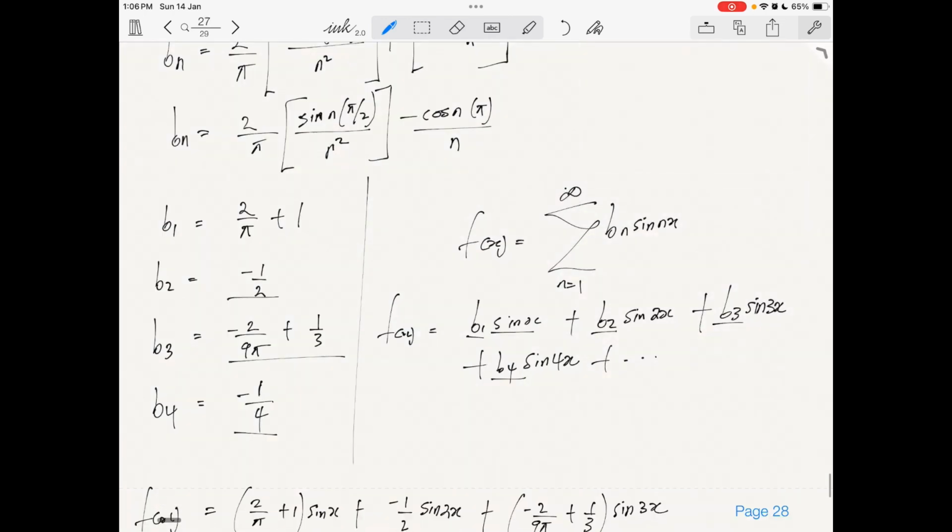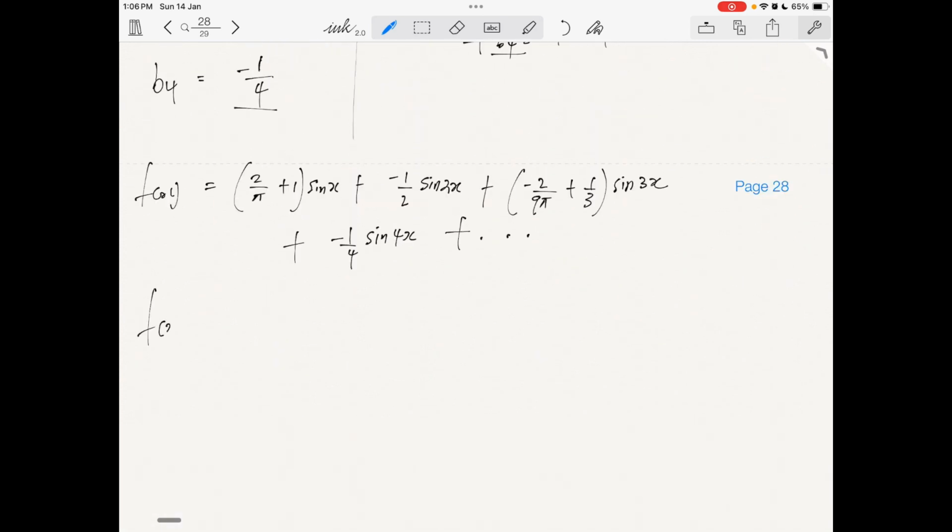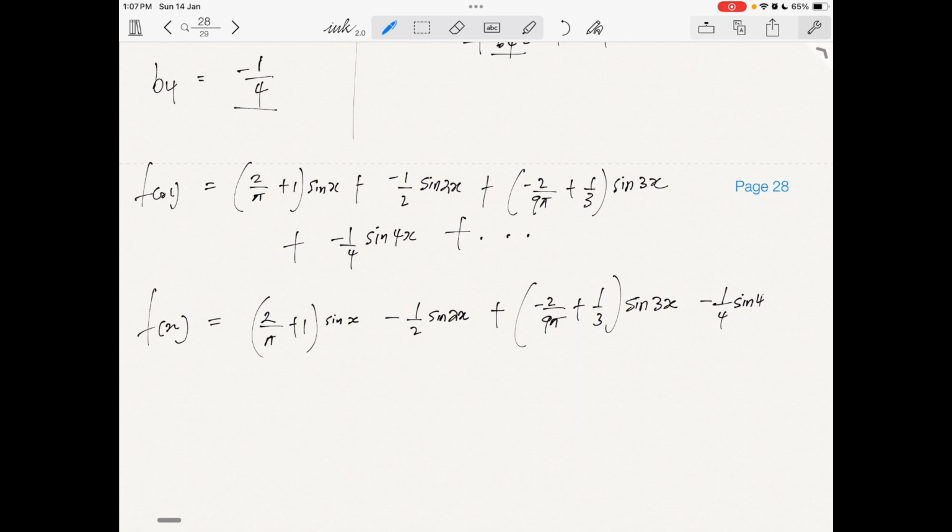Therefore, in conclusion, our f of x, which is the Fourier sine series, is equal to 2 over pi plus 1 sine x minus 1 over 2 sine 2x plus minus 2 over 9 pi plus 1 over 3 sine 3x minus 1 over 4 sine 4x.